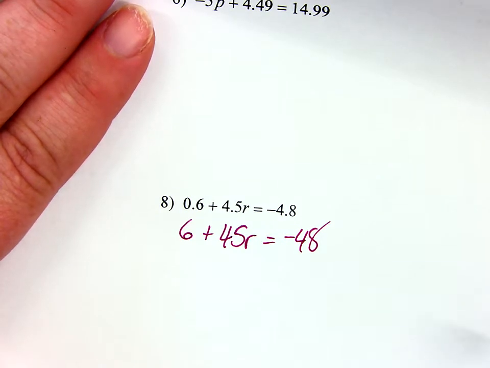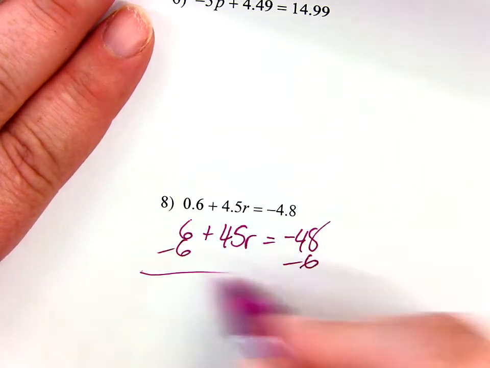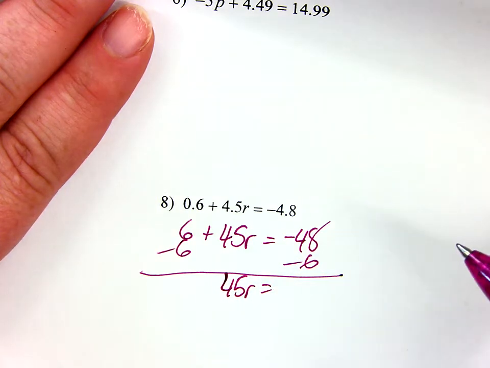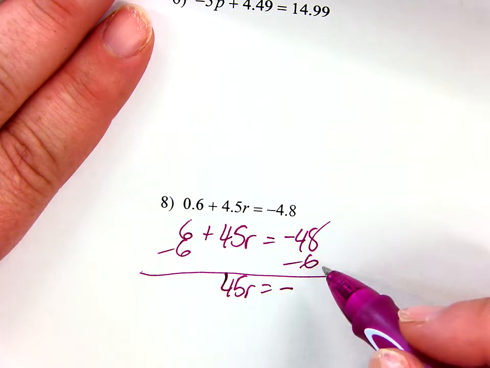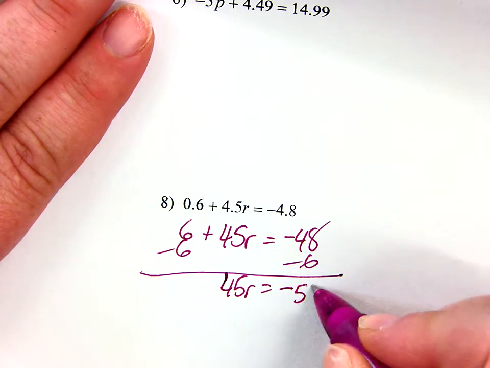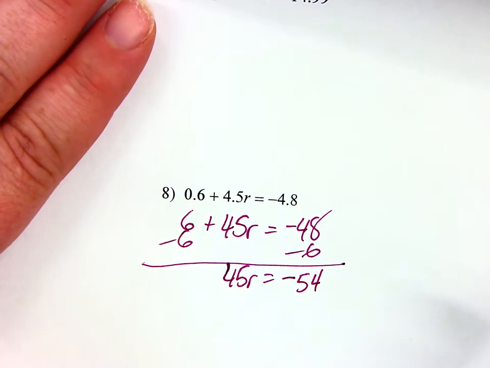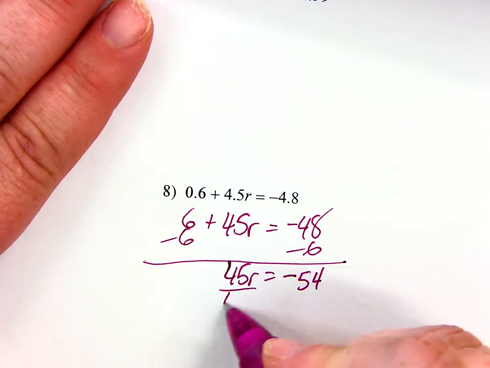So then what would you do? Yep, minus that 6. They are the same sign, so I'm really going to add them and keep it negative, right? So that would be a 54. And then I divide by 45.